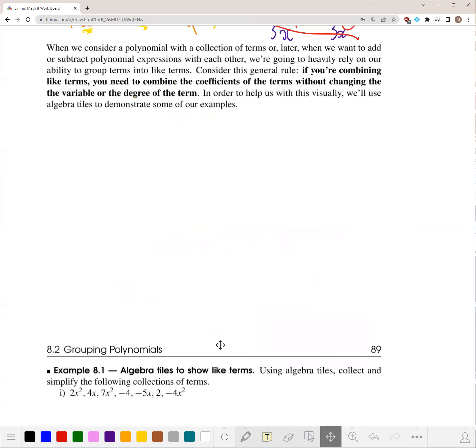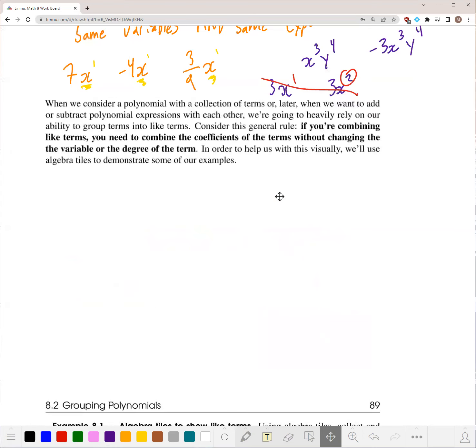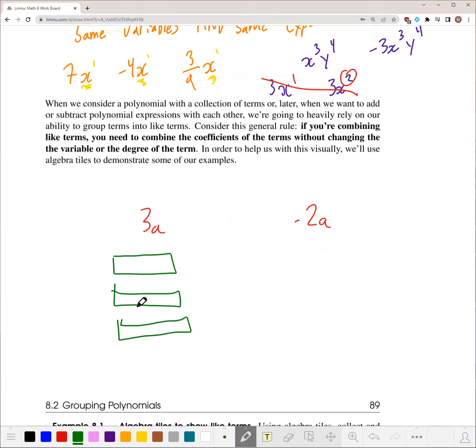So let's take a look at combining like terms. In general, if you're combining like terms, you essentially can just add the coefficients. So think about if I had 3a and negative 2a. Well, I have 3 a's, we'll say the a's are like our little algebra tiles. So 1, 2, 3, and they're positive.